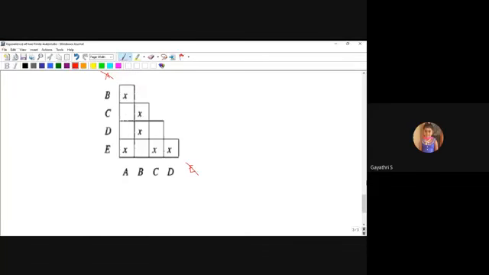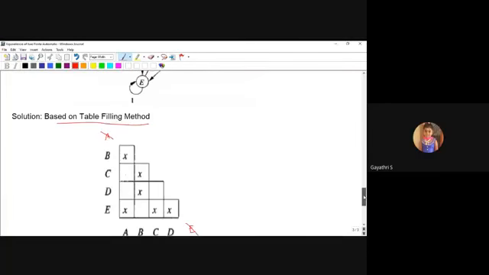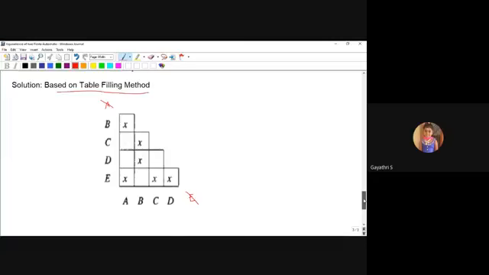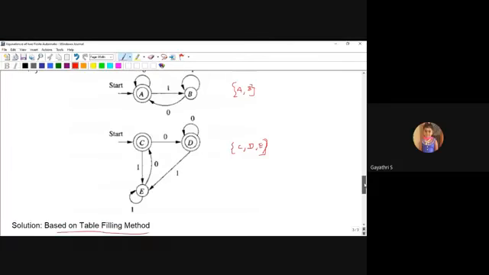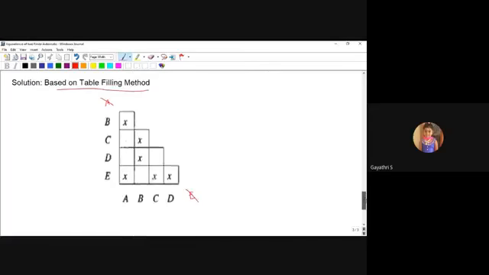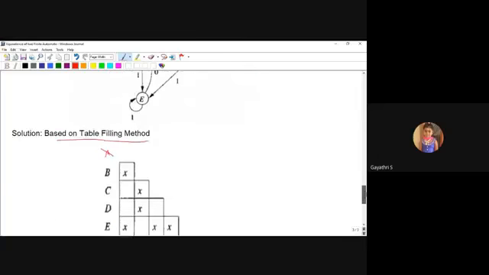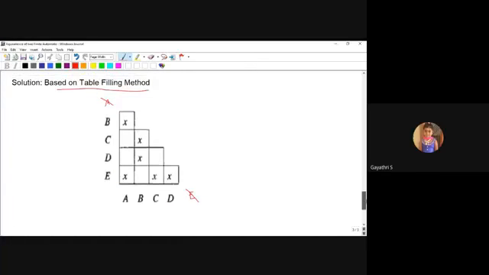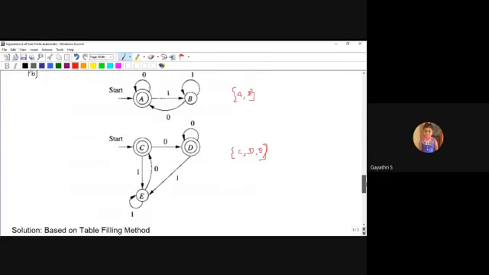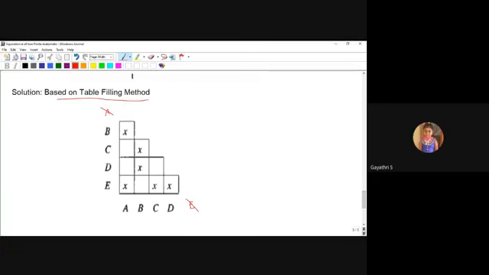Then AE pair, A which is final, E which is non-final, so marked. BE pair, B which is non-final, E which is non-final, so unmarked. Then CE pair, C which is final, E which is non-final, that is marked. Then DE pair, D which is final, E which is non-final. That is why it is marked in step number 1.